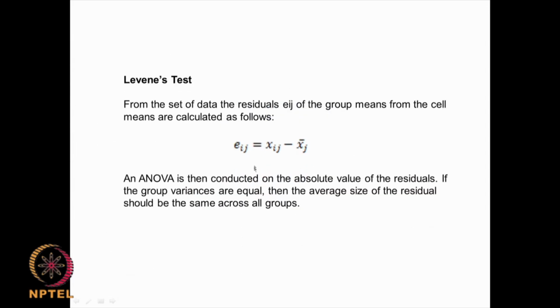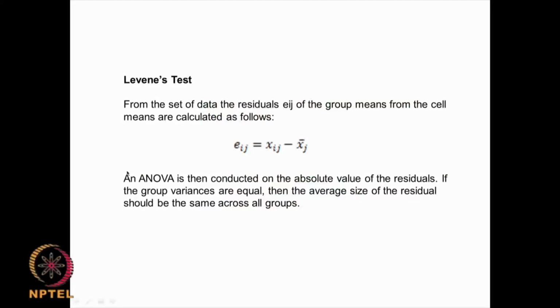Do you understand? It is very simple. So, we take the mean, then we take the difference, take the absolute value. Those are called the residuals, absolute values, and then you perform an ANOVA. So, we can perform it for 2 data sets or 3 data sets, and then we can show whether it satisfies the H naught or not. So, it is very simple, that is called the Levene's test.